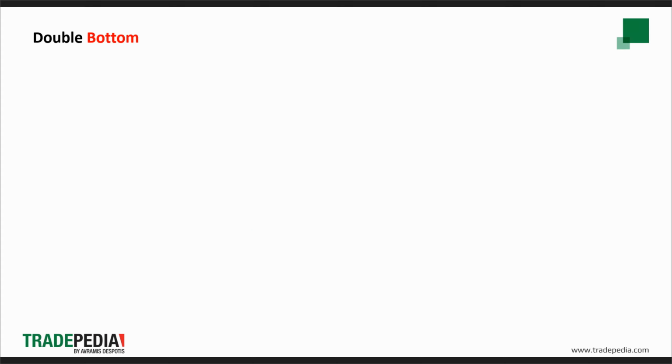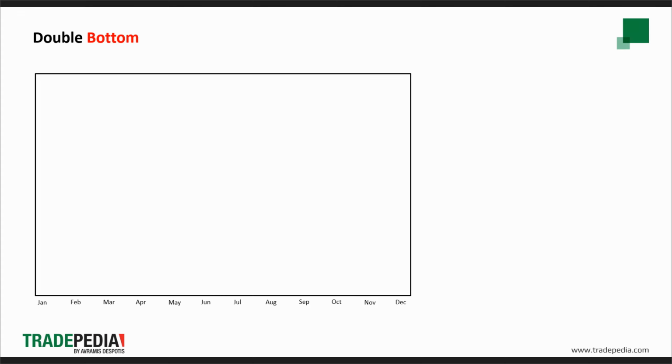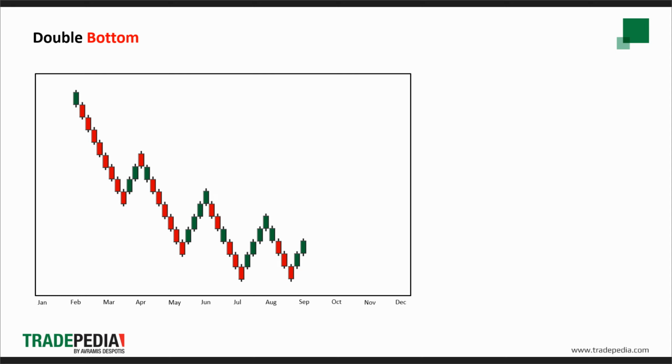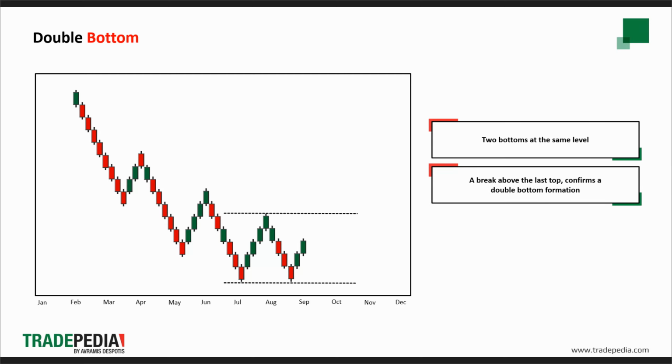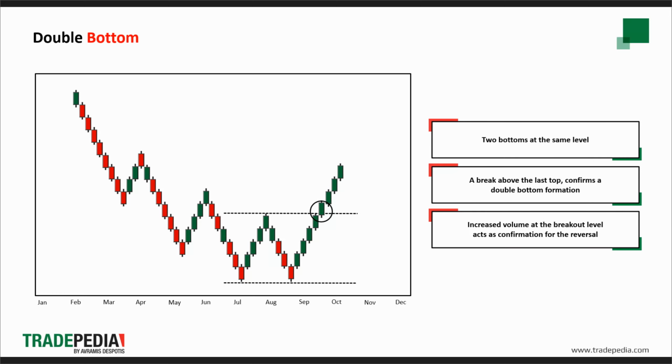The double bottom pattern is just the complete opposite of the double top pattern. You need a strong preceding downtrend, and then you see the market making the same low twice. A break above the neckline of the double bottom, a break and a close, will confirm the double bottom pattern.